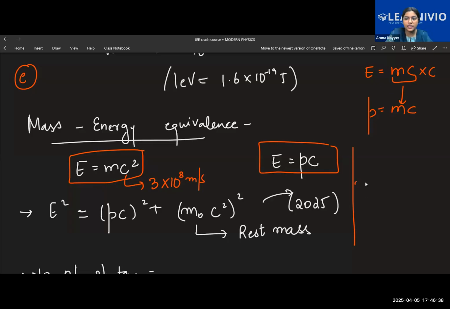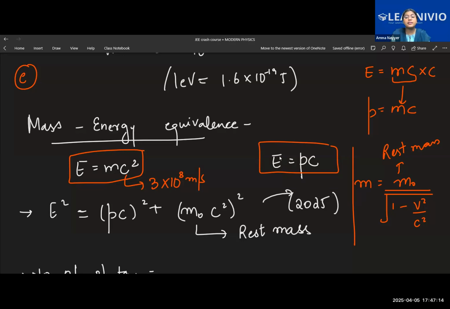In your 11th class, there's a formula: the mass of a particle is equal to the rest mass divided by under root 1 minus v square by c square, where m naught is the rest mass. Since charges travel with a very high speed, this v is very high in that case. That's why the charges do not depend on speed, but the mass of any particle has dependency on speed using this relationship.